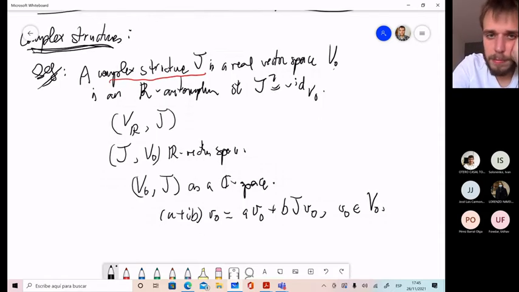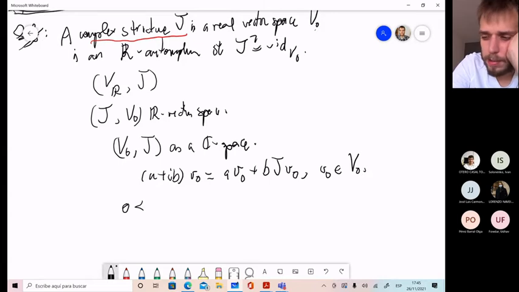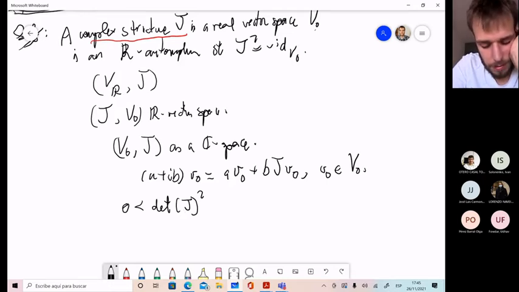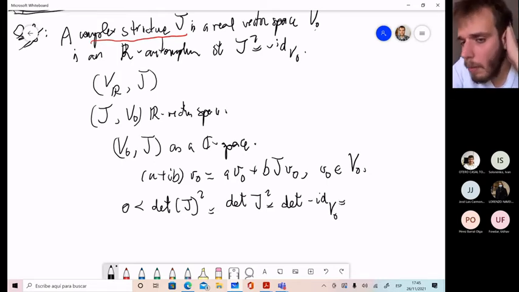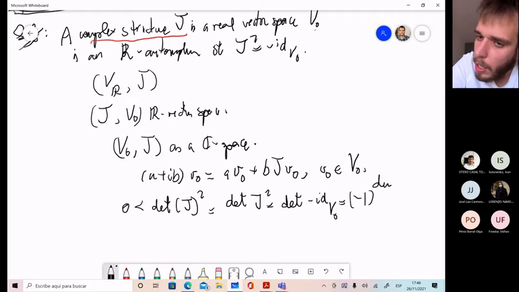So in particular, you need an even dimension because of this one-line argument. The determinant of J, this is a real linear map, so the determinant is a real number. The determinant of J squared is equal to the determinant of minus the identity of V_0, and the determinant of minus the identity of V_0 is (-1) to the power of the dimension of V_0.